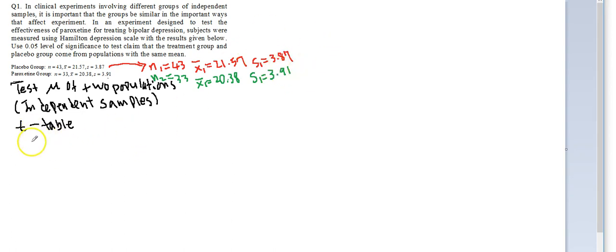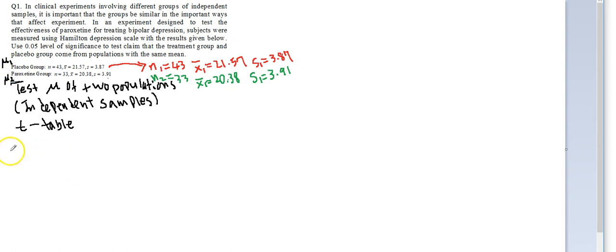Let's remember that this is a two-population test. So we talked about in class that you have to write the original claim, the null hypothesis and the alternative hypothesis in terms of the two populations, mu1 and mu2. I'm going to call the placebo group mu1, and the medication group mu2.